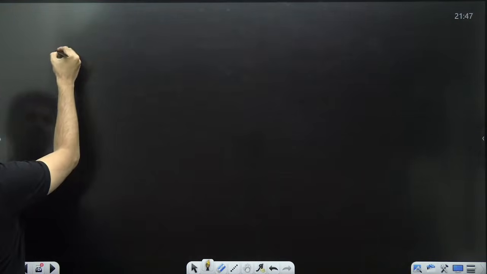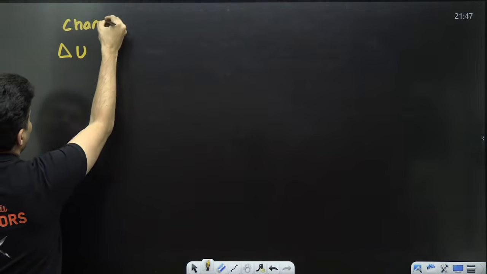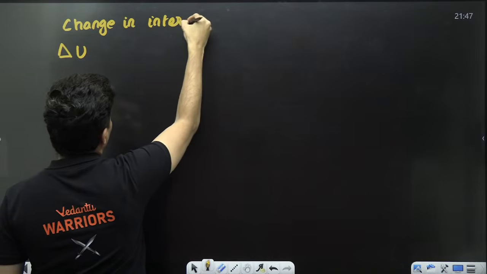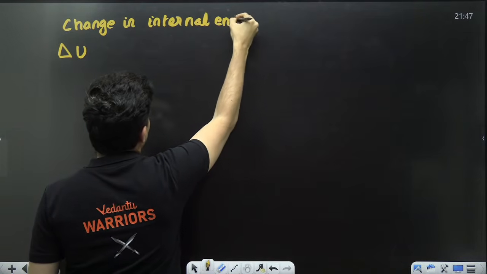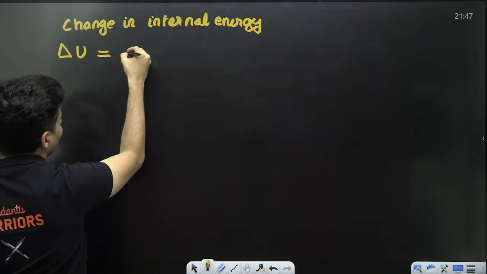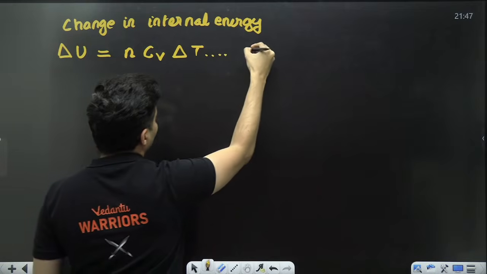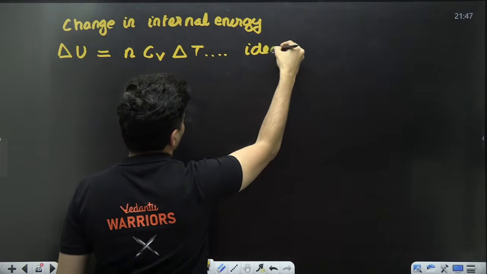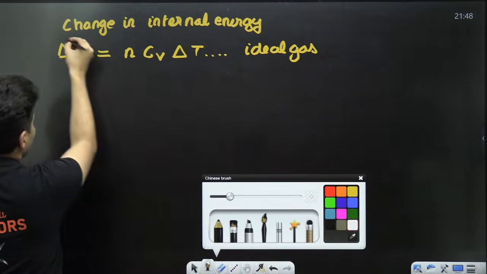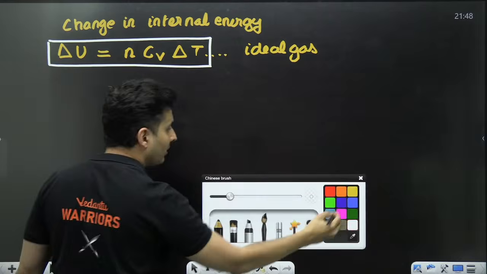Talking about this, delta U is nothing but the change in internal energy, right? Delta U is nothing but nCvΔT. This is only for ideal gas. We have seen this in KTG already before. Very, very important formula.